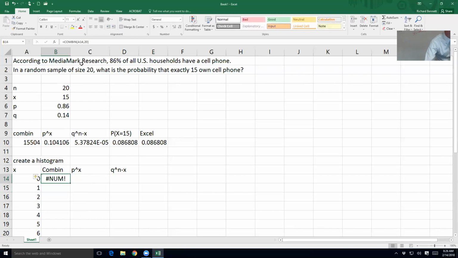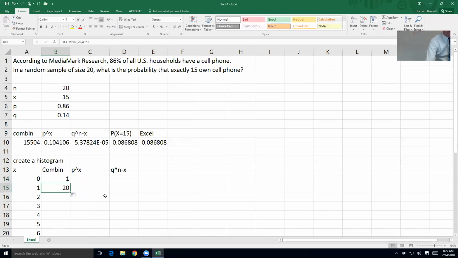Get the F4. Number error. That should have worked. Did I do it backwards? Oh, sorry, I did do it backwards. It's 20 comma and then this number. I did it backwards. That's why it erred on me.